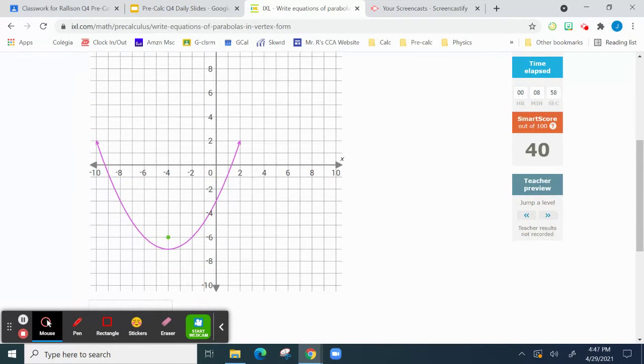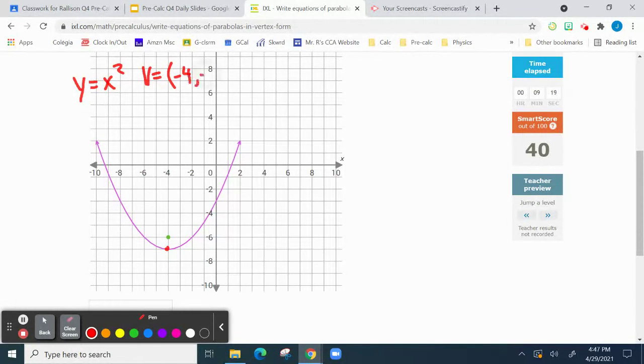So it's an up or down, so it's going to be y equals x squared, right? And it's going up, so it's going to be positive. The vertex is at what? -4, -7. I guess I'm just doing this after all.